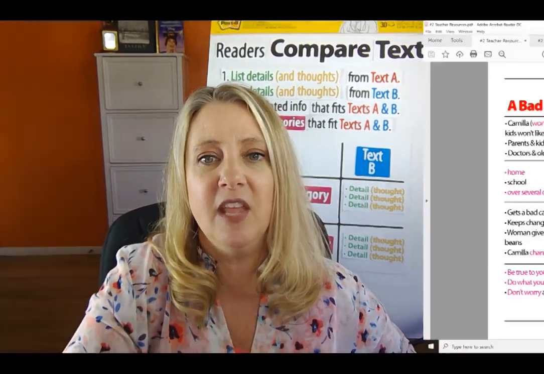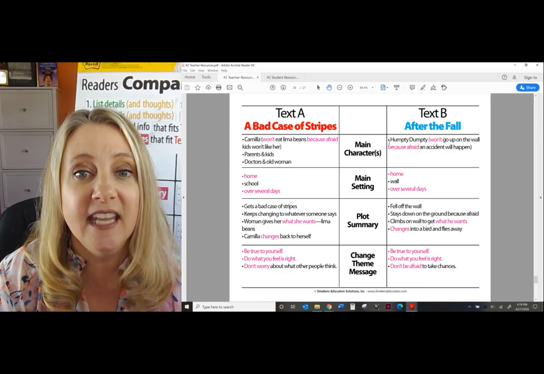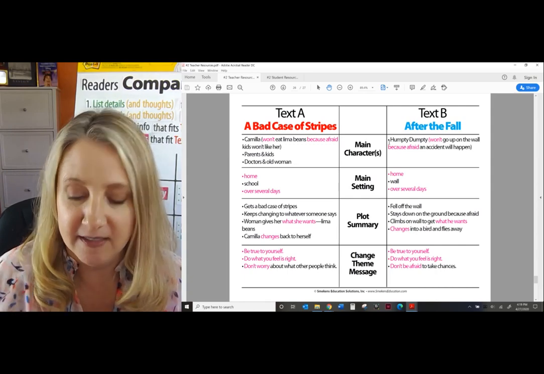Yeah, you see, that's why we have to really use this T-chart to help us look across, because all of a sudden things pop out that we never even noticed, like comparing apples to oranges. Two totally different things, but they're similar. All right, so some other things that we see, they both take place at home over several days. And then look at the plot. How do they fix it?